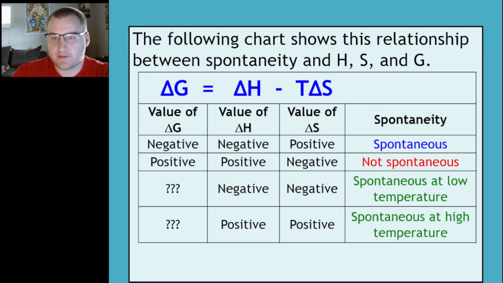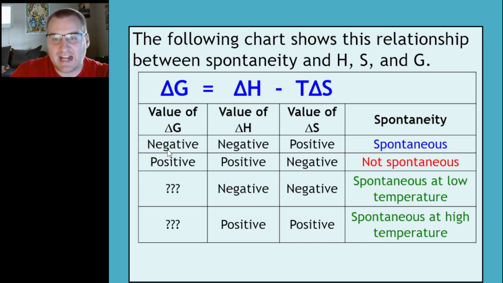All right, so here we go. Here is the AP exam's favorite chart. It's really hard to think about these ideas. This chart shows the relationship between spontaneity and the three thermodynamic quantities. The main thing that affects if something is spontaneous is the value of G. The value of G overall will tell you if something's spontaneous or not.